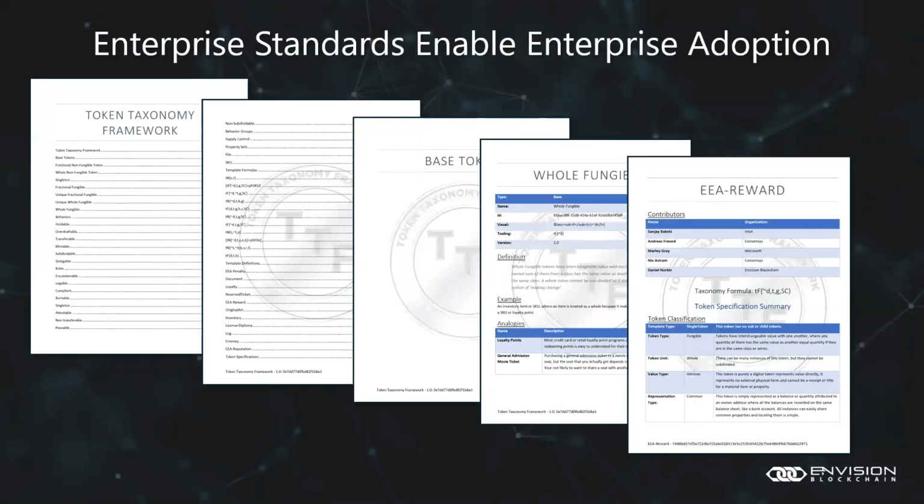With that in mind, enterprise standards enable enterprise adoption. And between what the Enterprise Ethereum Alliance Token Taxonomy Initiative has really set out to do, and all of the documentation that sits alongside all of these token templates, it really enables enterprise organizations and their leadership to take a seat and say, okay, guys, we actually have standards here.